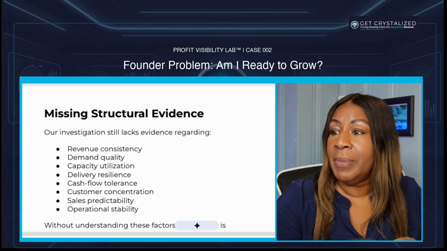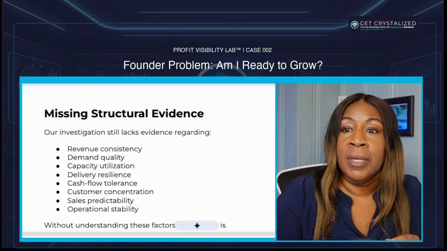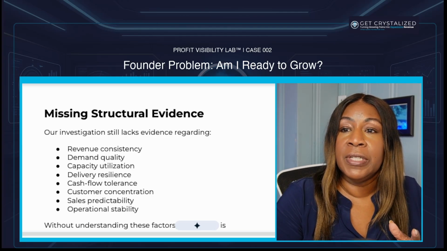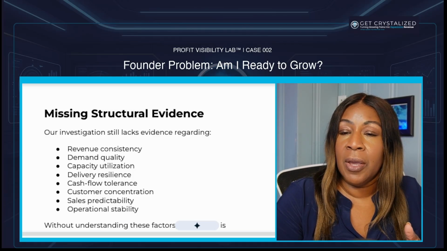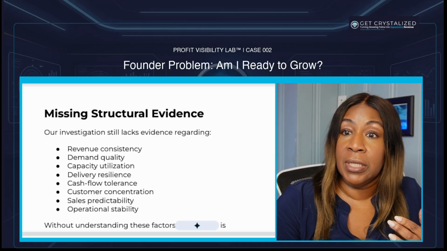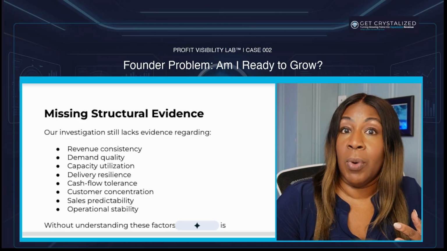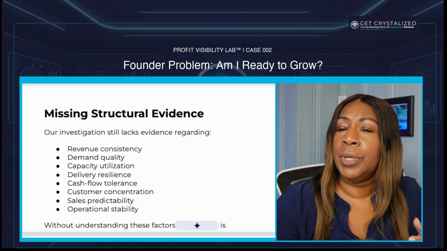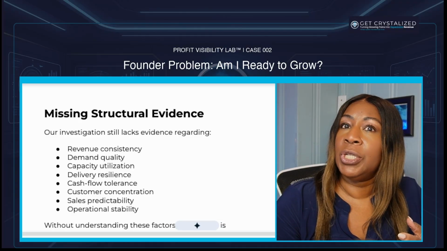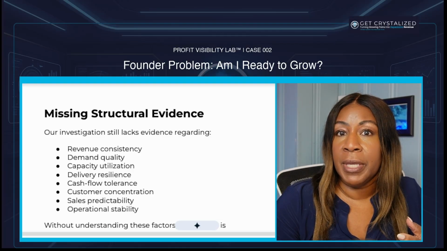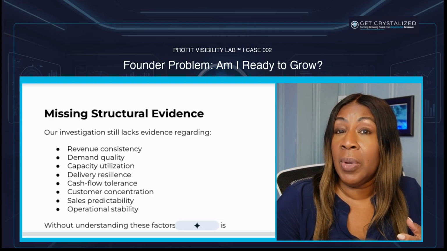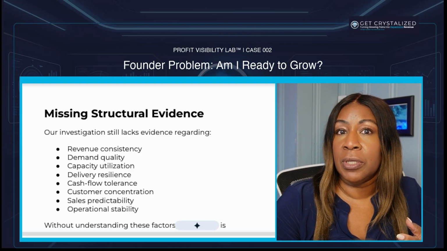So let's look at some missing evidence. Our investigation still lacks these things. We don't know the revenue consistency. We don't know what the demand quality will be like. We don't know the capacity utilization, like how much of our team we need to augment this, because we don't necessarily know what it's like to work with this particular new client.